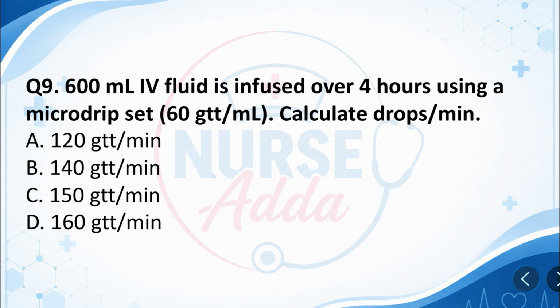Question number 9. 600 ml IV fluid is infused over 4 hours using a microdrip set, 60 GTT per ml. Calculate the drops per minute. The right answer is option C, 150 GTT per minute.